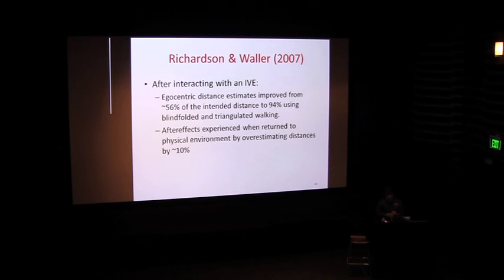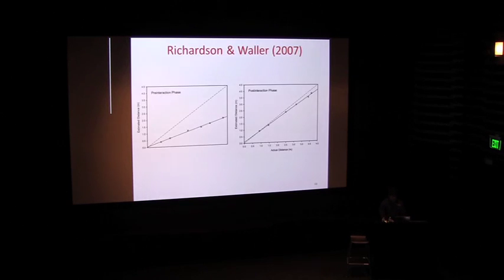After perceptual calibration in the virtual world, immediately afterwards, if they did a few trials of blind walking depth perception in the real world, the distance estimation was altered compared to just the real walking depth perception alone. So there is some evidence of persistence of this calibration effect into the real world from the IVE.